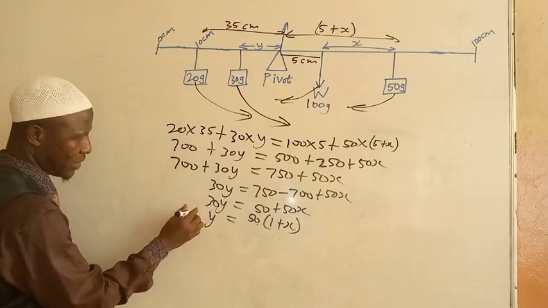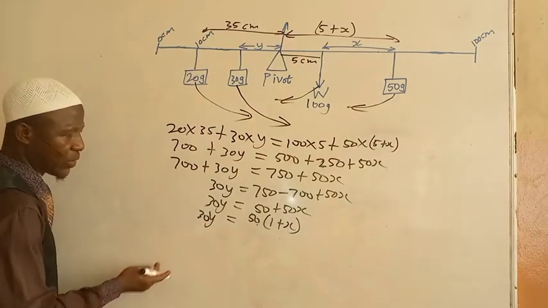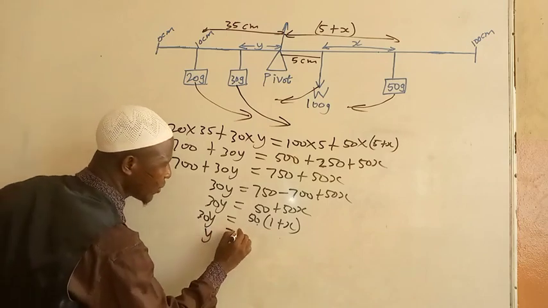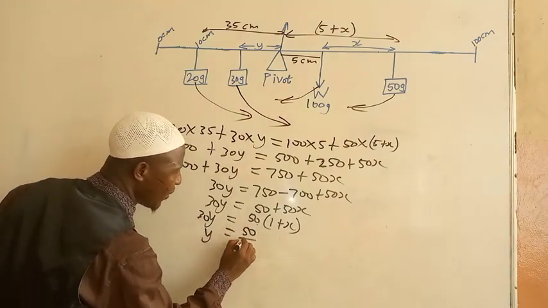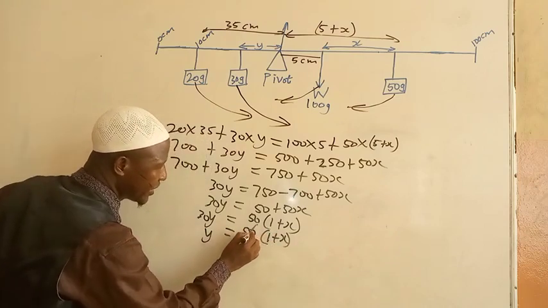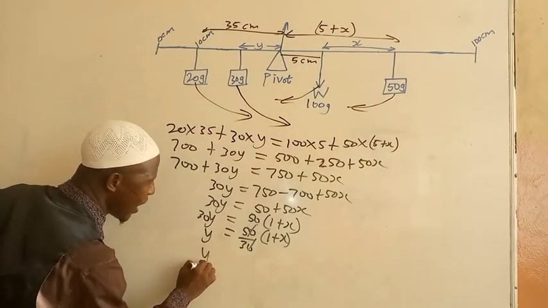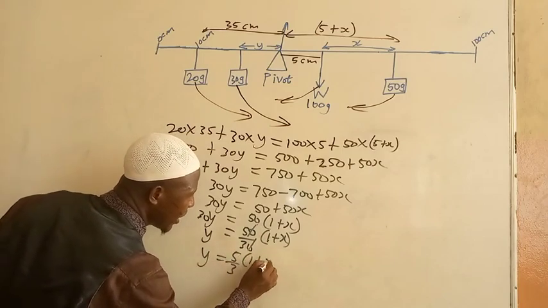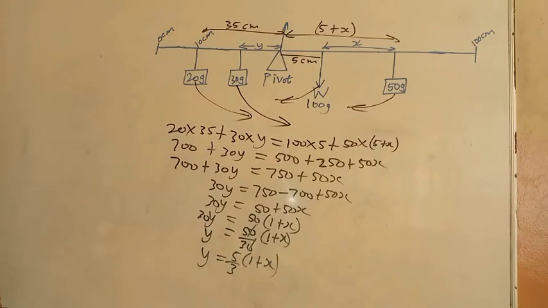The next step is to divide both sides by 30, so y is equal to 50 over 30 open bracket 1 plus x. Then this cancels this, so we have y is equal to 5 over 3 open bracket 1 plus x. So that is the final answer.